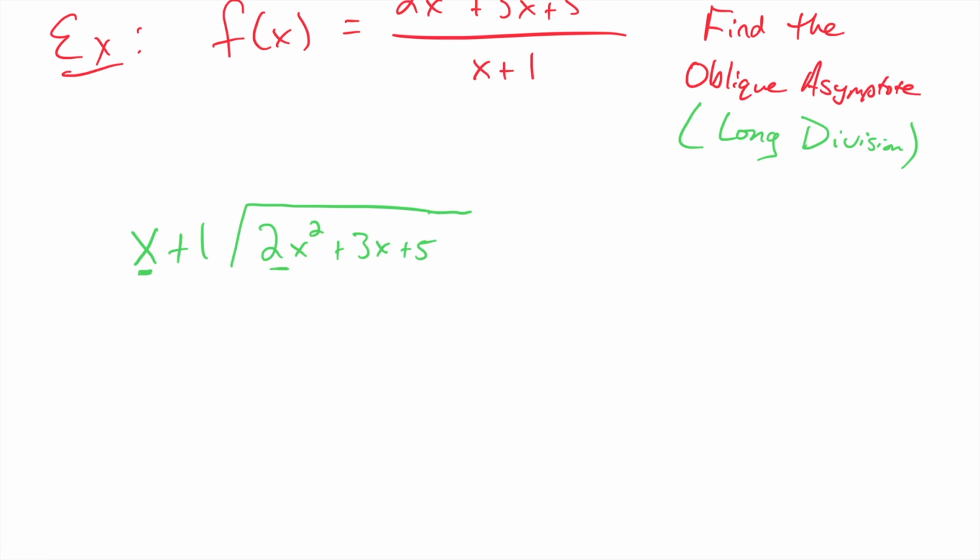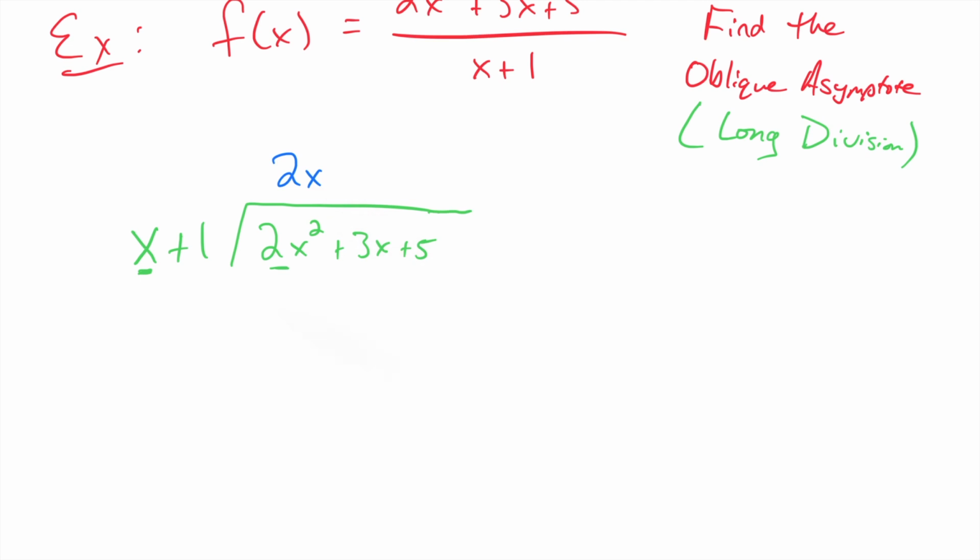That answer is going to be 2x, right? If I multiply x by 2x, that gives me a 2x squared. So I'm going to put a 2x up here. And similar to long division, we now take the 2x and multiply it by the divisor, the x plus 1.